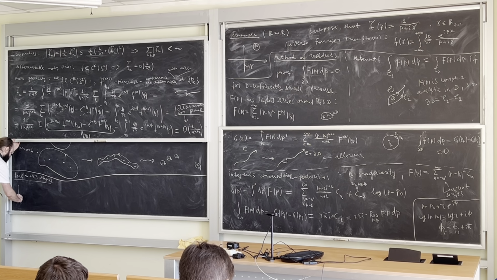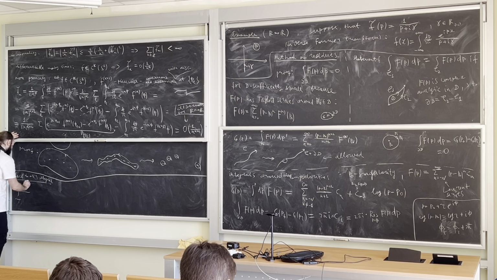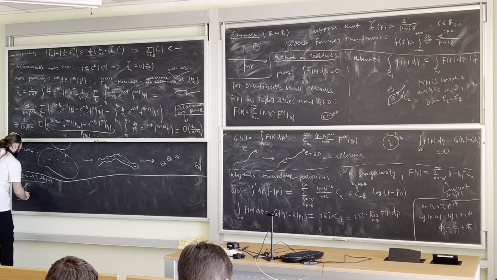So we have the integral from minus infinity to plus infinity of e to the i p x, over p plus i gamma. And let us choose some value of x.